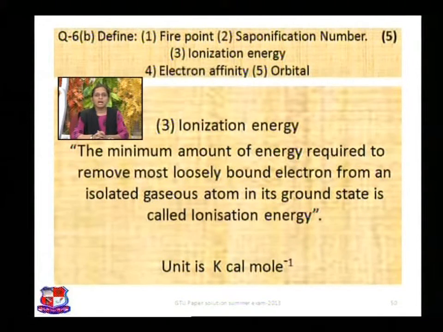Okay, so how much minimum energy you are supplying to remove the most loosely bound electron from an isolated gaseous atom, that is your ionization energy. The unit of ionization energy is kilocalorie per mole. Okay, so that is the unit of ionization energy. So this one has to be remembered.